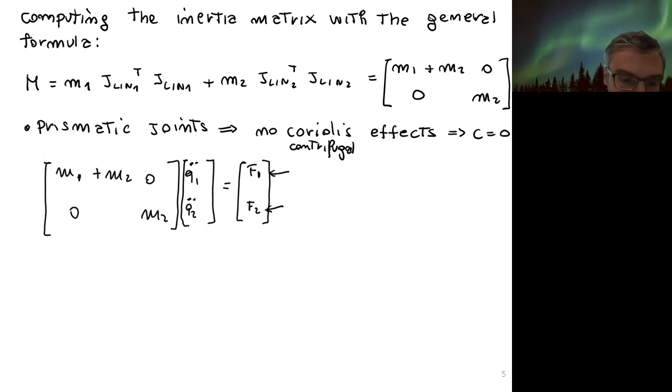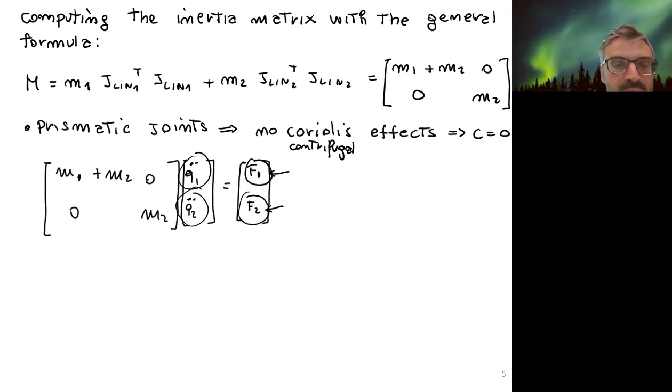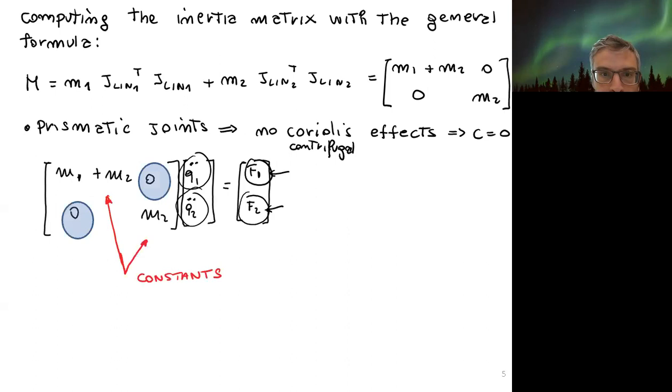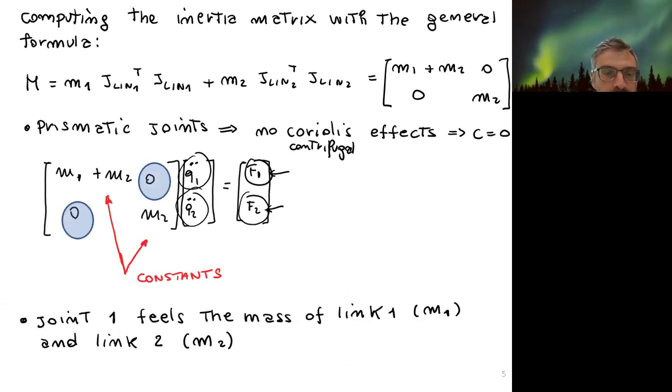Because the matrix is diagonal, whenever you give a force to the first joint, only the first joint will accelerate. Whenever you give a force to the second joint, only the second joint will accelerate. So there is no inertial coupling.